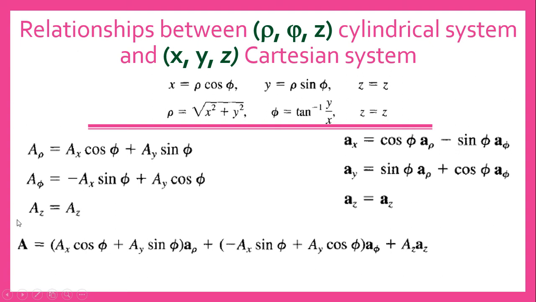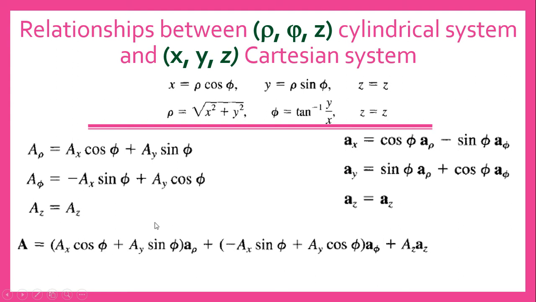So the total vector in the Cartesian system can be obtained by adding these values. If you add all these things, you take a rho common: Ax cos phi plus Ay sin phi, into a rho, because it is for the x component.